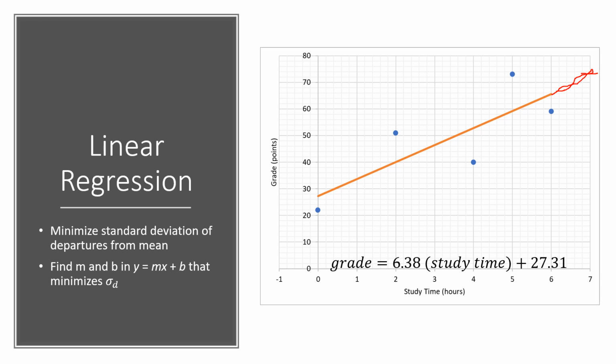Extrapolation versus interpolation is just a concept you need to be aware of. If a student studied 3 hours, we'd come up here, and then go across and say I predict that that student is going to have a score of about 46 points.